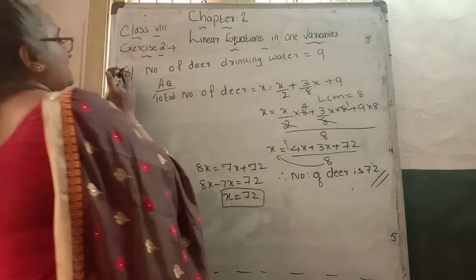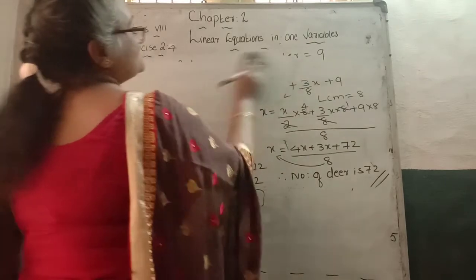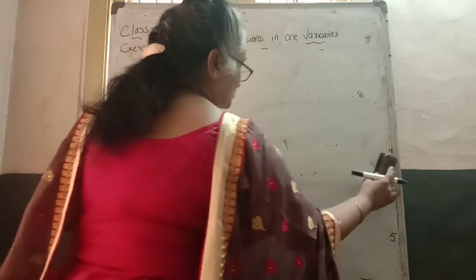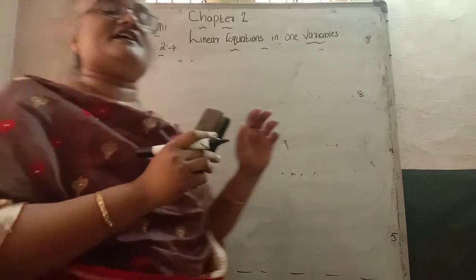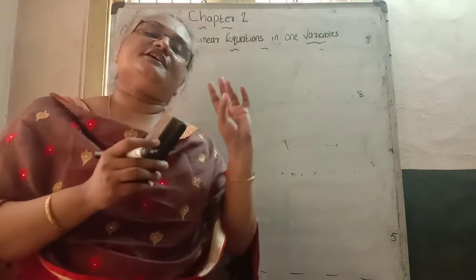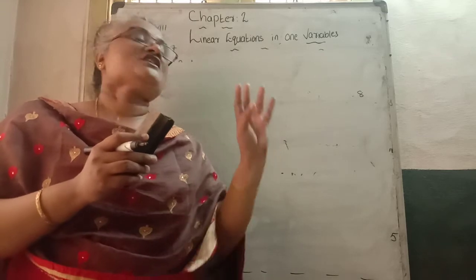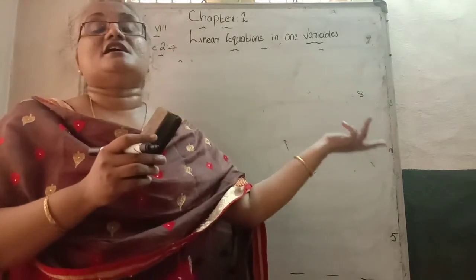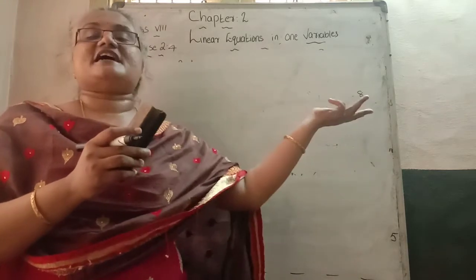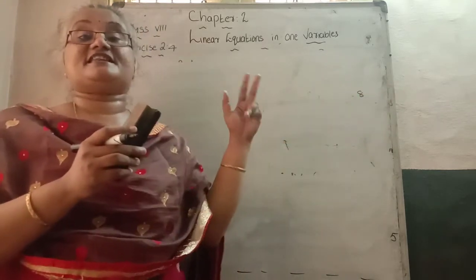The next, ninth question. I hope you can understand this question. The ninth question tells about a grandfather and a granddaughter. Grandfather is 10 times older than the granddaughter, 10 times.